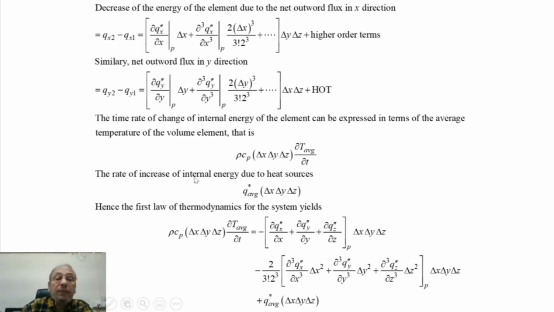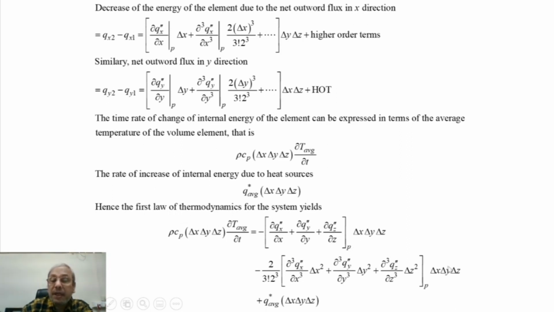And the rate of increase of internal energy due to heat sources, if Q average star is the volumetric heat source, then Q average star into delta x into delta y into delta z. Now we can apply the first law of thermodynamics, that is basically time rate of change of internal energy equal to a flux of energy from the surfaces.